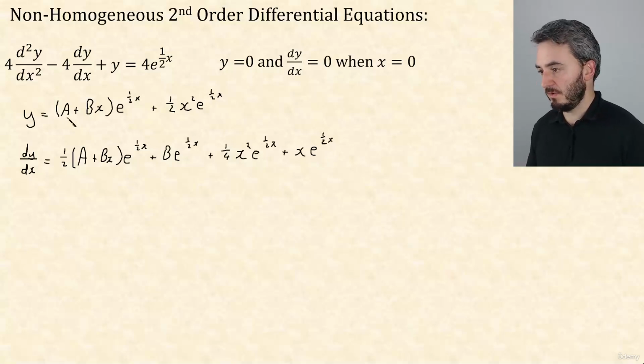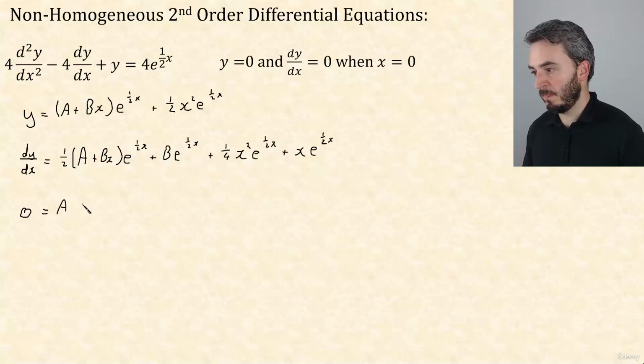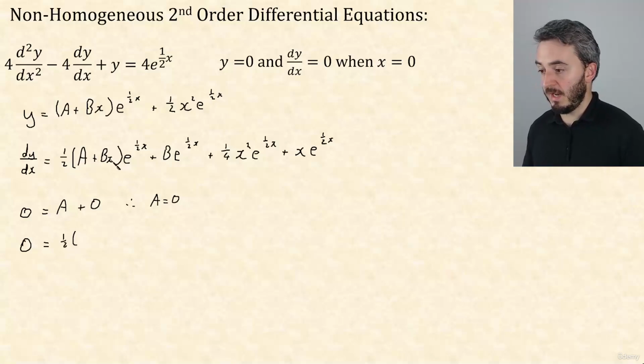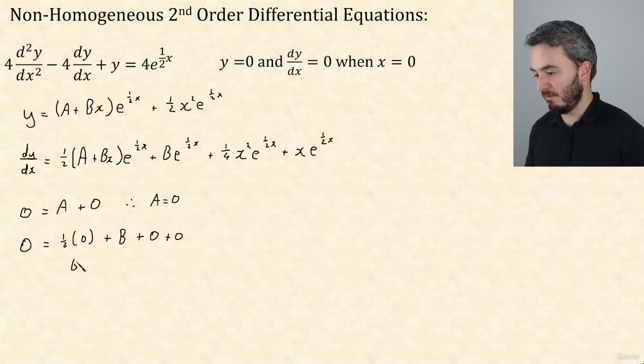All right, subbing in, zeros all the way, so y equals 0 when x equals 0, so that's a plus 0 times e to the 0, so that's just a, plus half times 0, so a equals 0. Then dy by dx is 0 as well, so we have 0 equals half of, well, a is 0 and x is 0, so that whole thing is 0, plus b times e to the 0, so that's plus b, plus a quarter of 0 plus 0, so b equals 0 as well.